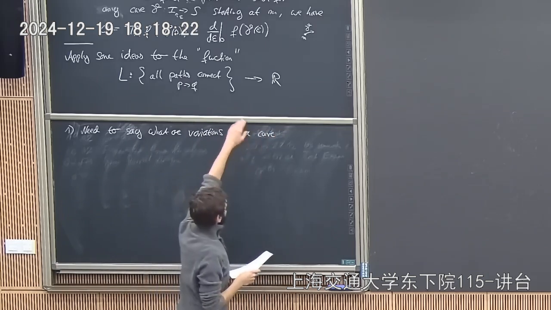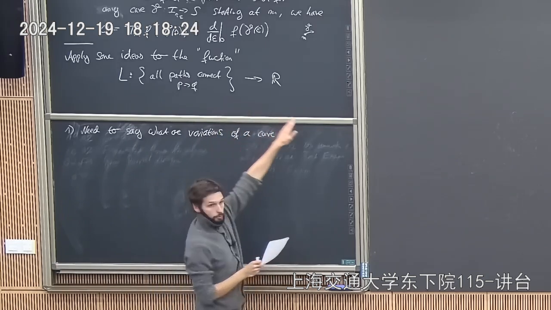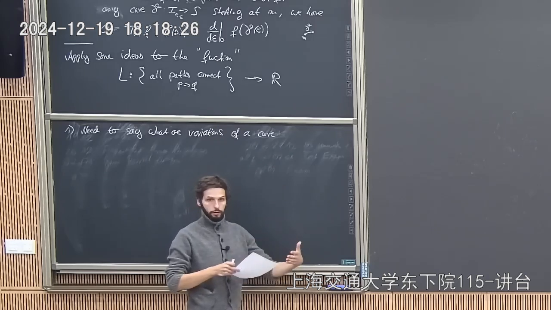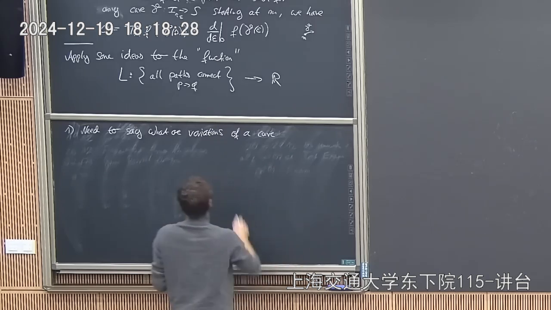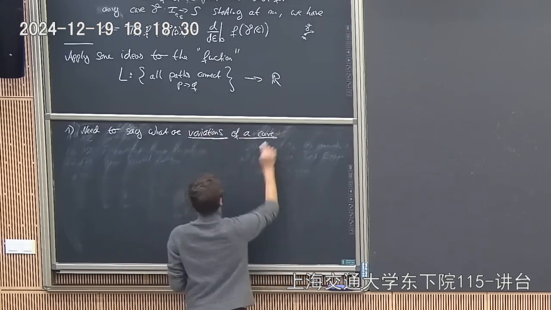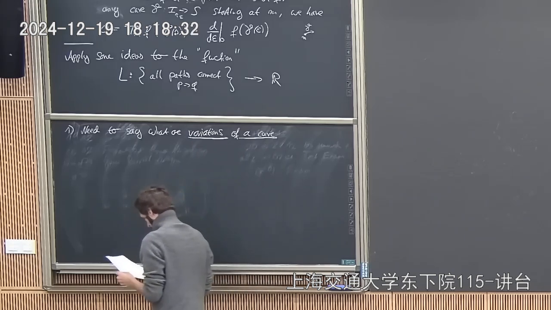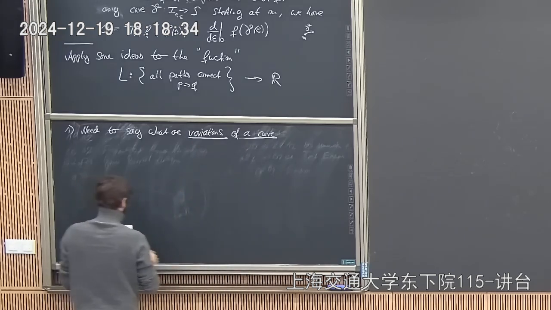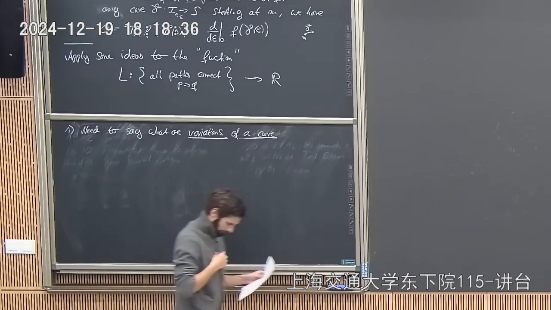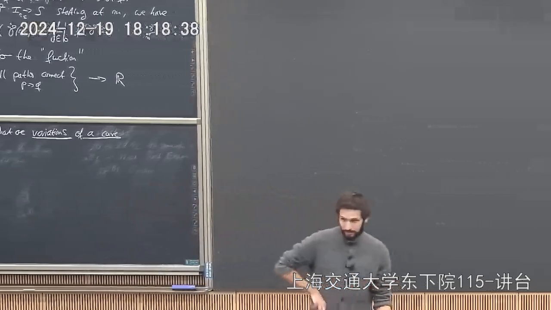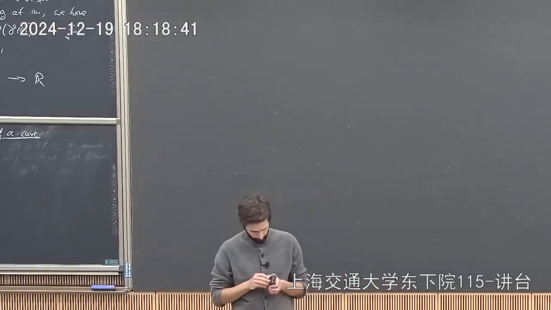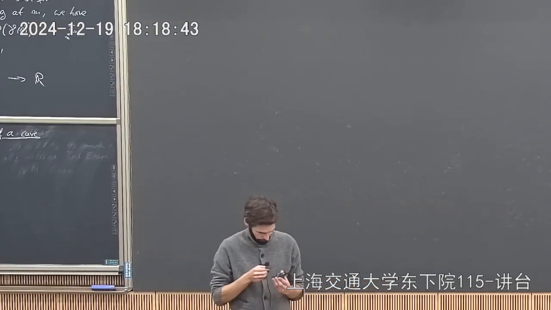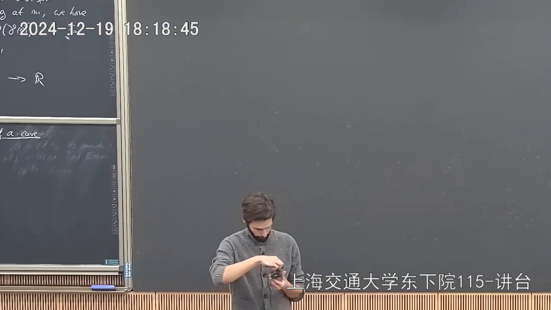The same way that up there we had a variation of a point, but now we need to say what is a variation of a curve.